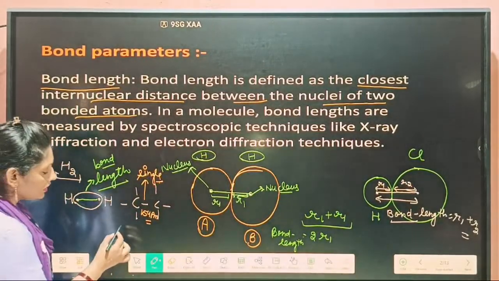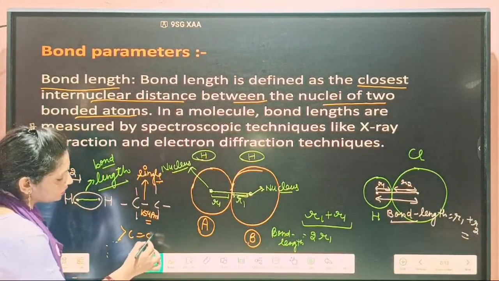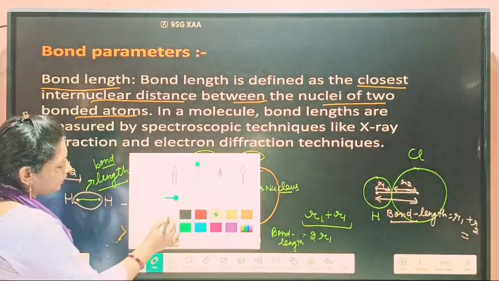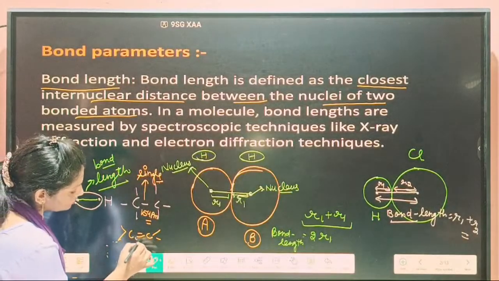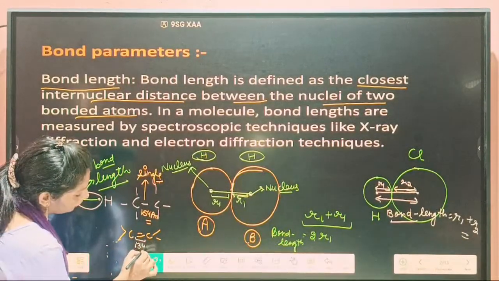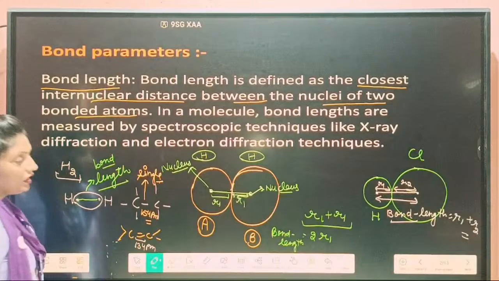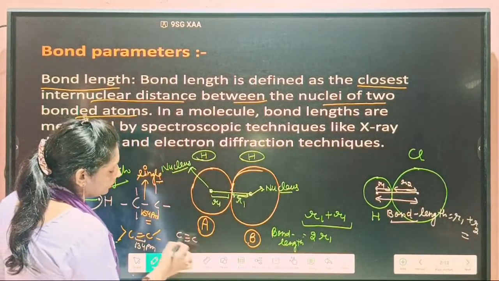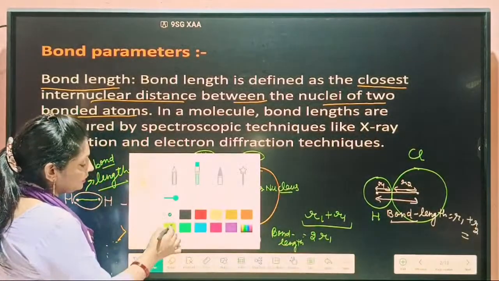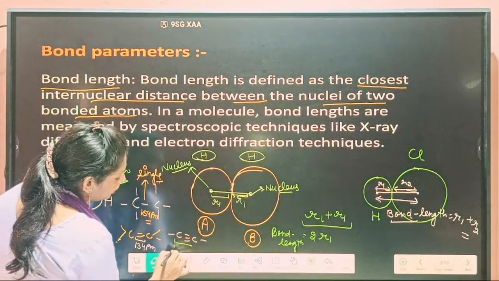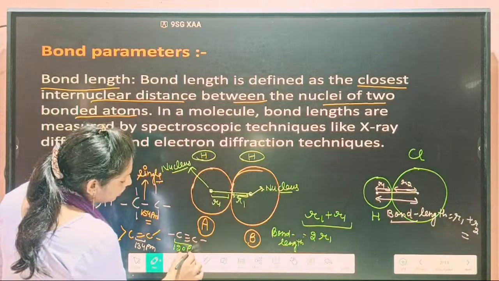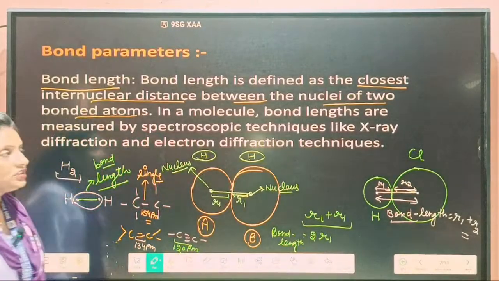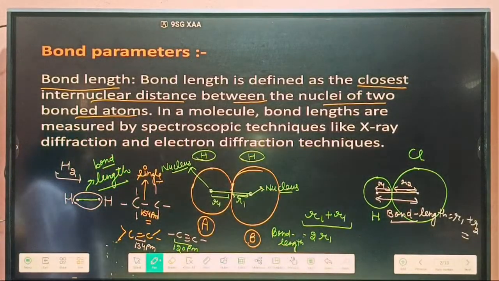And if there is a carbon to carbon double bond, then this bond length is 134 picometer. And if there is a carbon to carbon triple bond, then this bond length is 120 picometer. Okay, students. So bond length is specific for specific elements.